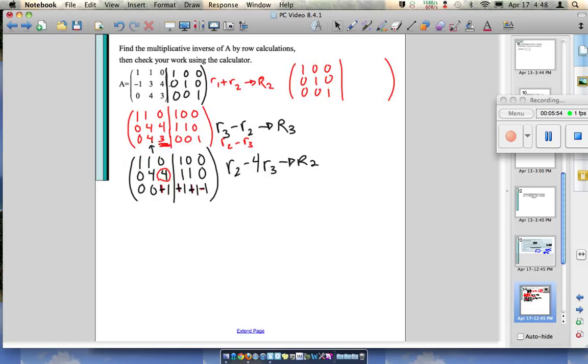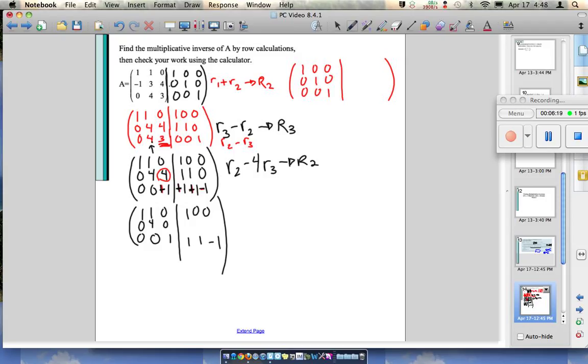So let's see, I'm going to leave row 1 alone. 1, 0, 0. Zeros are going to stay. Row 3 is going to be left alone as well. In fact, row 3 is done, and I can actually see 3 of my answers to my inverse. And I'm going to do the middle row minus 4 times the bottom row. So it's going to give me 4 still.